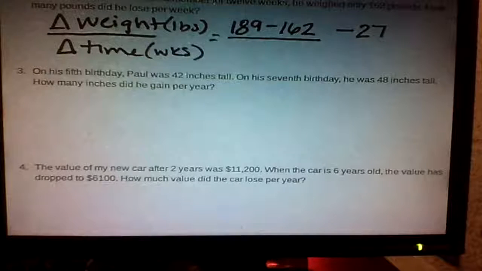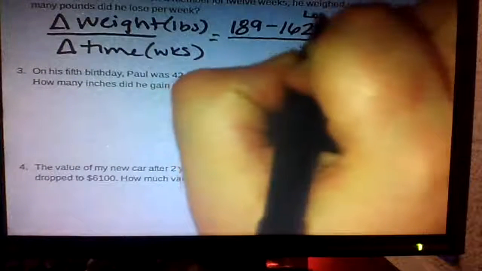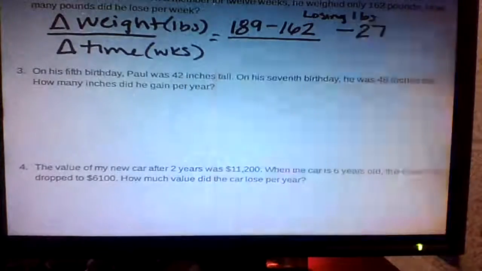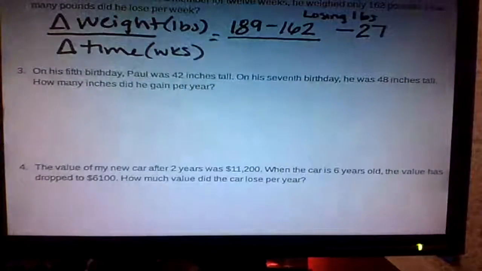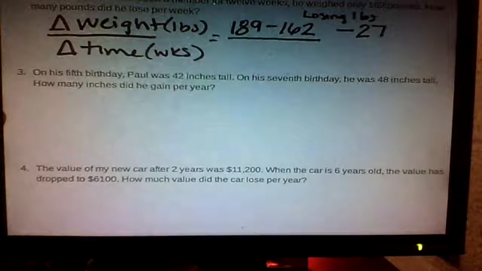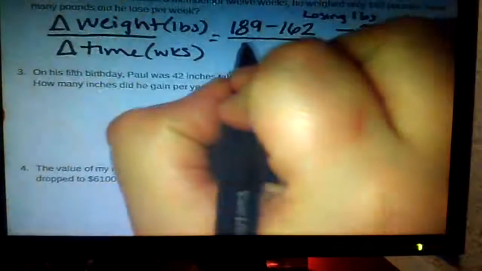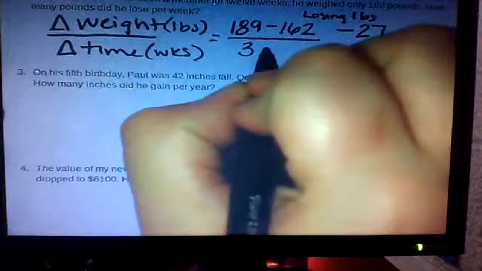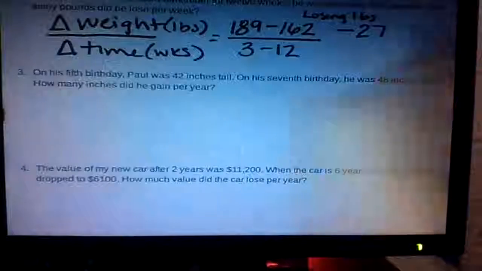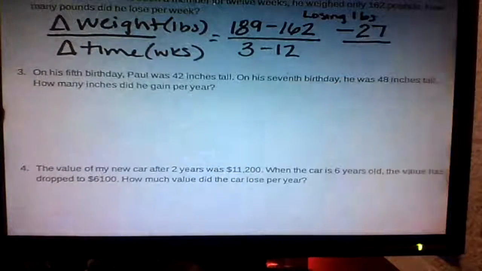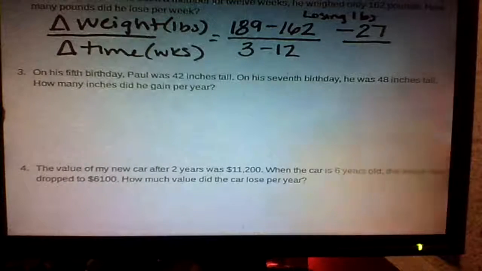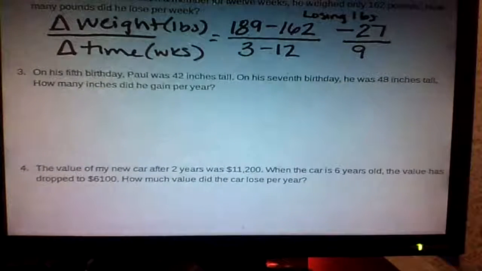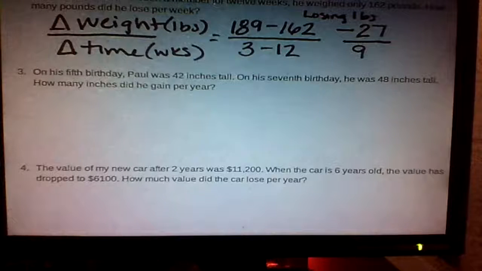He's losing weight. How many weeks did he start in? 3 weeks, and he's now at 12 weeks. So how many weeks have gone past? 9. So in 9 weeks, he's lost 27 pounds.